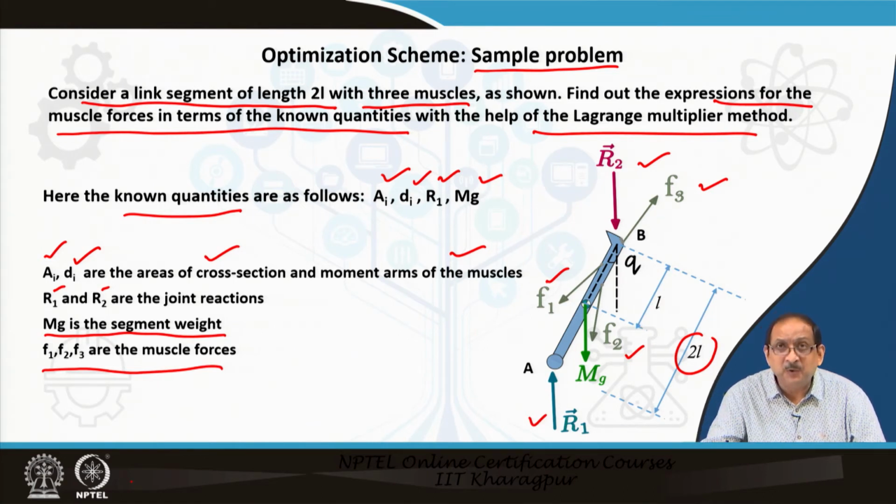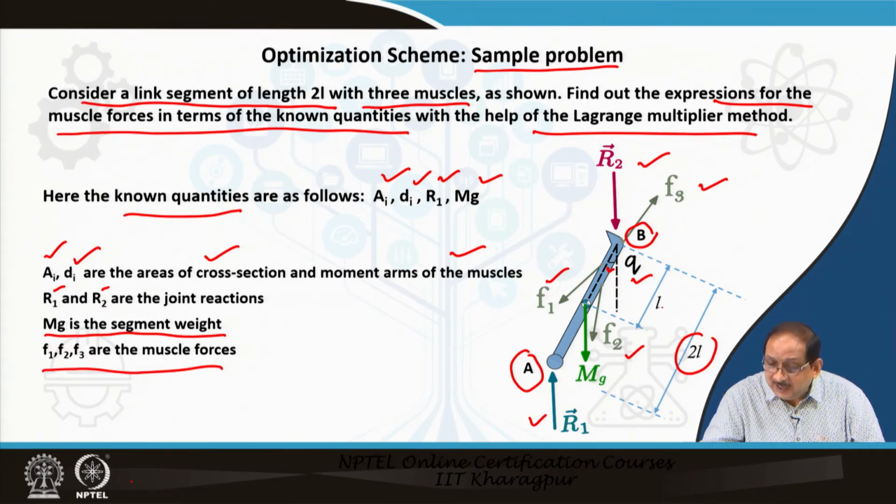The two endpoints of the link are A and B, and the angle Q is the angle between the axis of the link and the vertical direction.